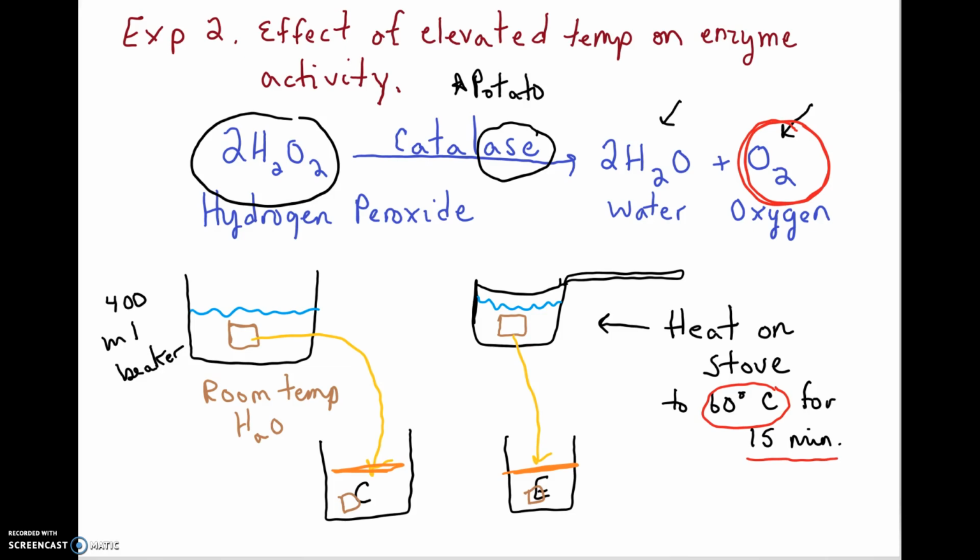The bubbles that form, if the reaction is taking place, are the oxygen that's being liberated as a result of that reaction. So that's what you're going to look for in your control and your experimental cups. You want to see, are there any oxygen bubbles forming that might indicate that the catalase is being active? Okay, so I hope all that made sense to you.